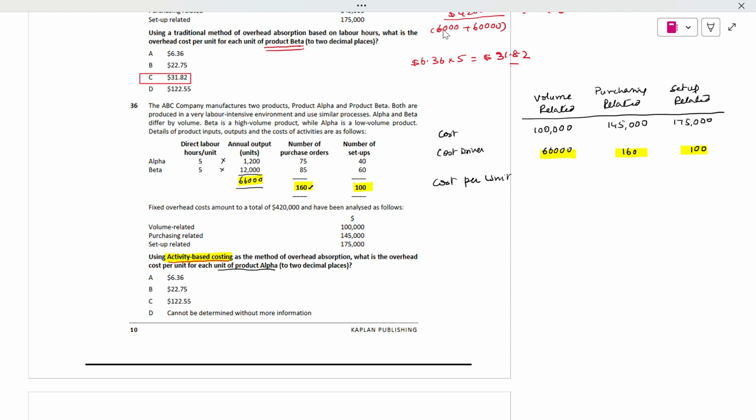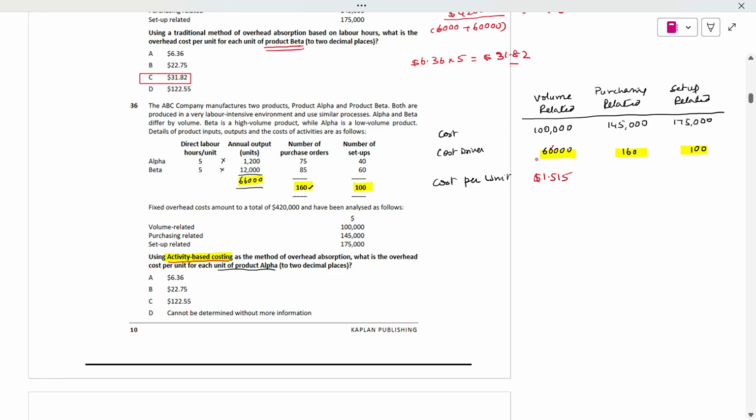How much is there? 100 divided by 66,000. It comes to how much? Calculator. 1.515. Yes, 1.515.